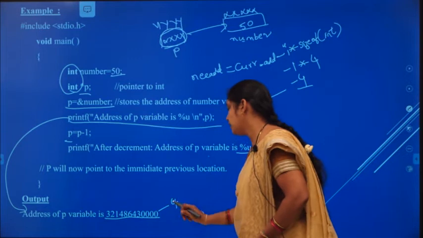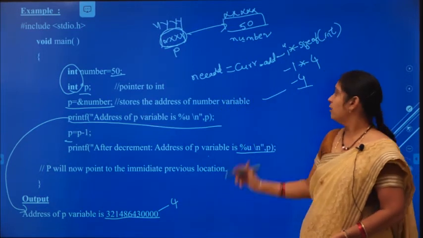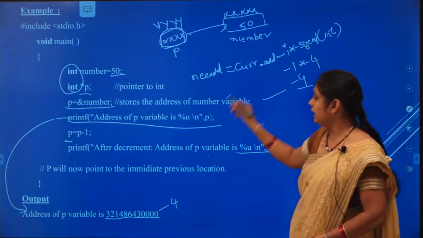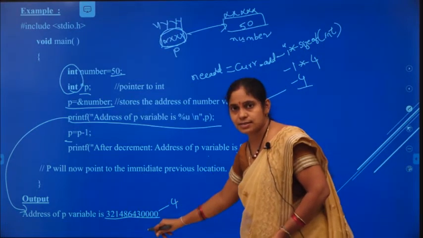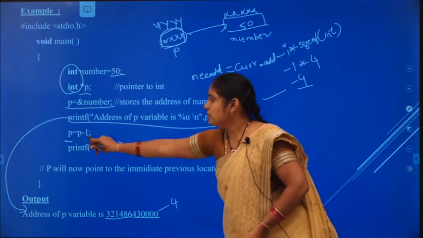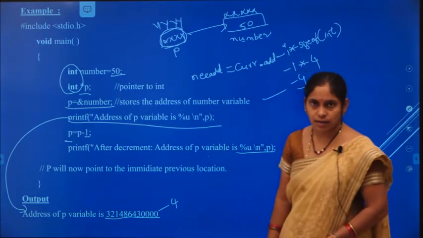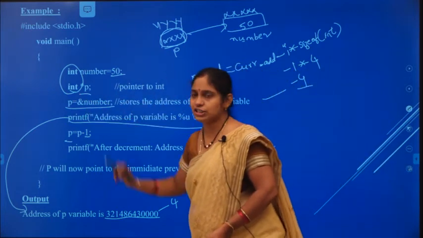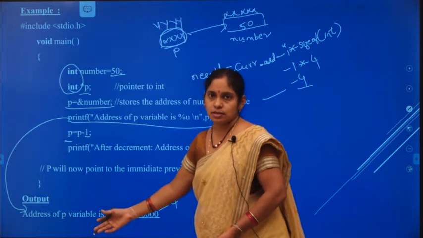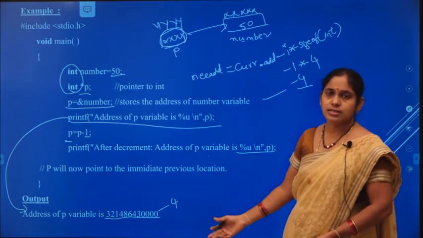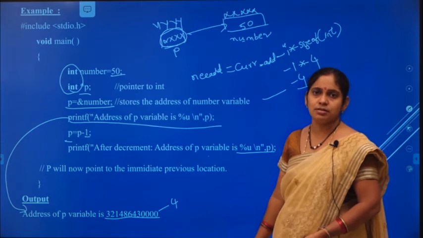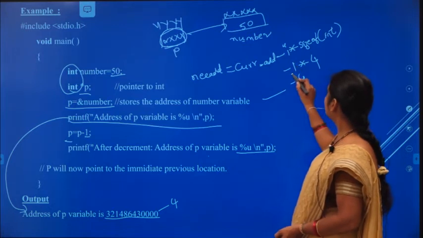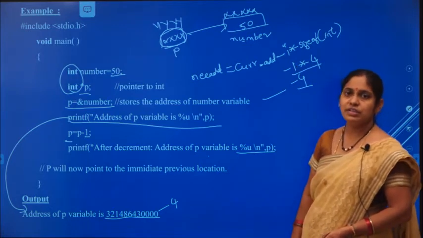As we already calculated, how did we get this 4? Current address minus i into size of the data type. The current address is this. i equals how many times? One time. 1 into size of the data type, which is integer. As I told, this is a 64-bit processor, so the size of the integer type is 4 bytes. So i into 4, nothing but 1 into 4, which equals 4.